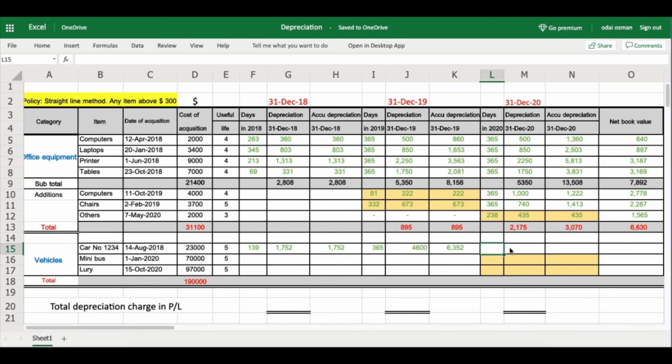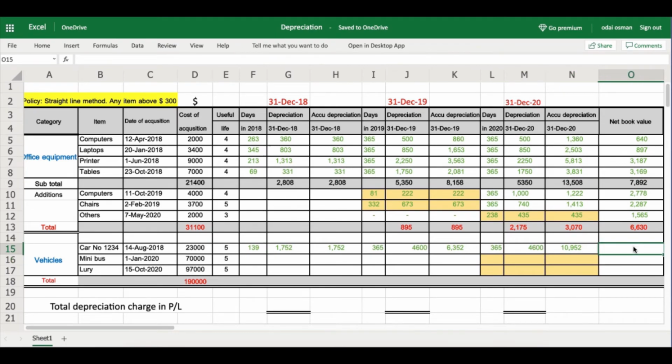Again, in the third year the days would be the full days of the year, 365. So we're gonna charge the depreciation for this year as well, this amount, acquisition cost divided by the useful life, gives out this amount, and the accumulated would be equal to the last year accumulated depreciation plus the depreciation charge for the current year gives us this amount.